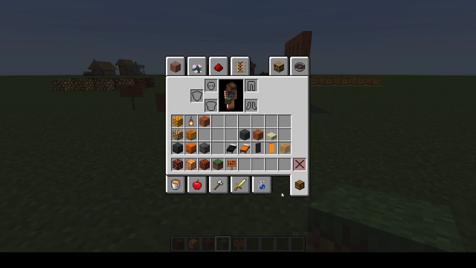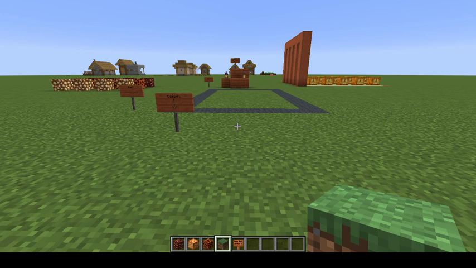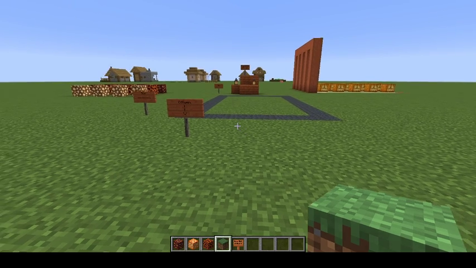So anything that is at 1.15 or below is not going to have these blocks. So if you want these specific blocks to do some of these fun things, you'll need to download up to the 1.16.2. So let's go ahead and get into learning how to make an array.